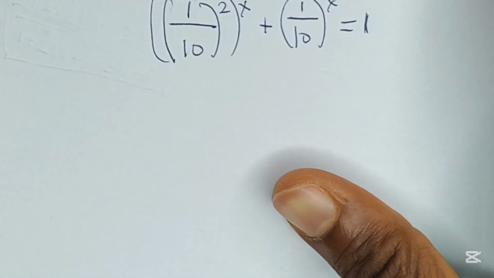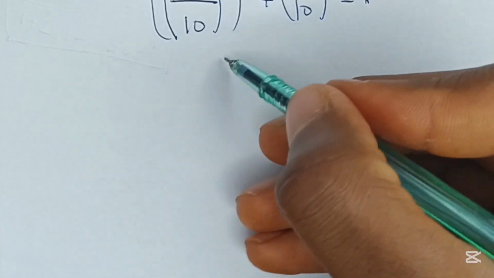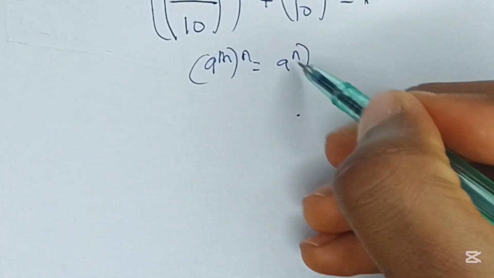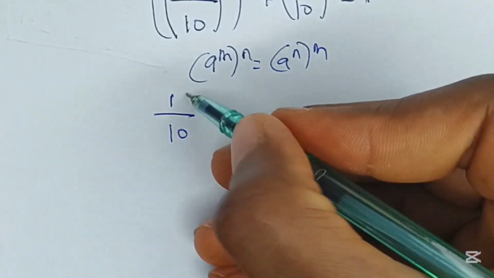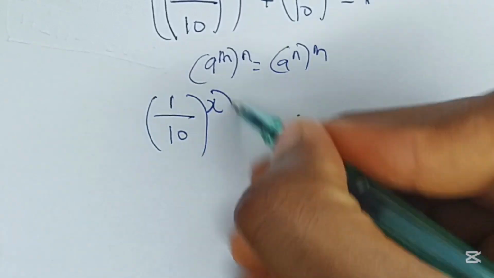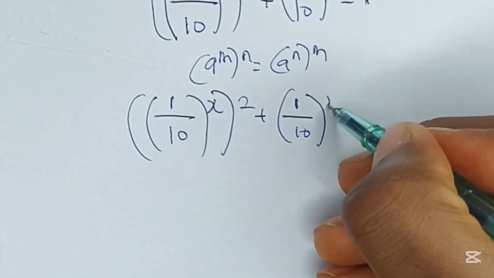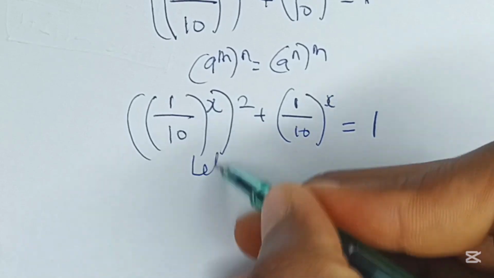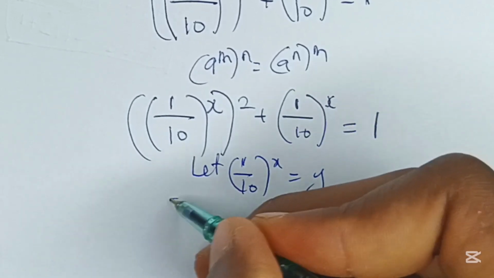Moving on, using the law of indices that says that a raised to the power m all raised to the power n is equal to a raised to the power n all raised to the power m, we're going to have here 1 over 10 raised to the power x all raised to the power of 2 plus 1 over 10 raised to the power of x is equal to 1. Now, let 1 over 10 raised to the power of x be equal to y.